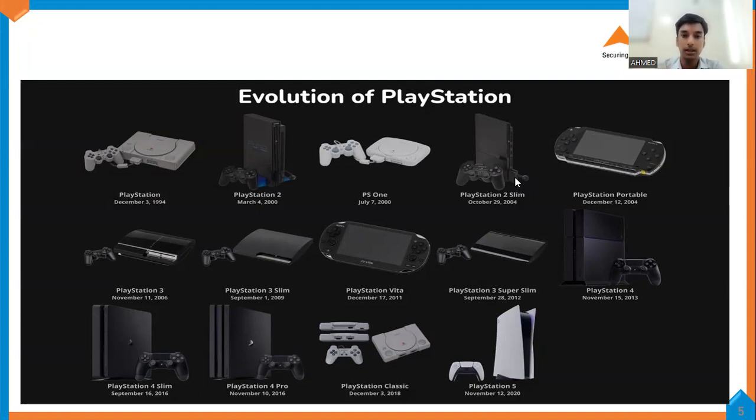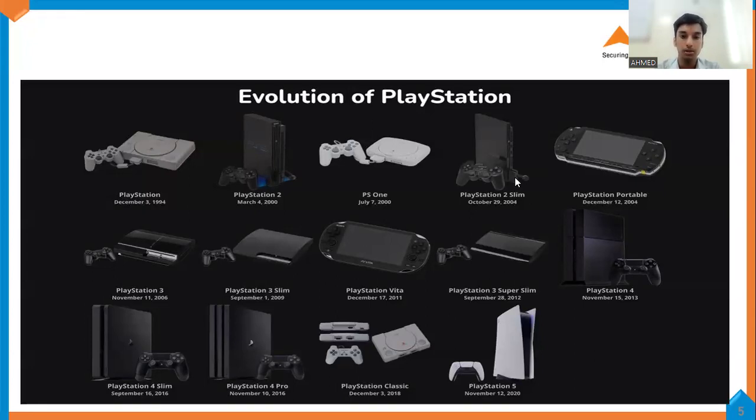PS Vita is the upgrade of PS Portable. PS Super Slim is a very slim model compared to the basic PlayStation 3 and PlayStation 3 Slim, and it is very small. It launched in 2012.